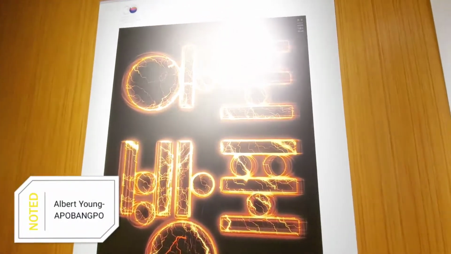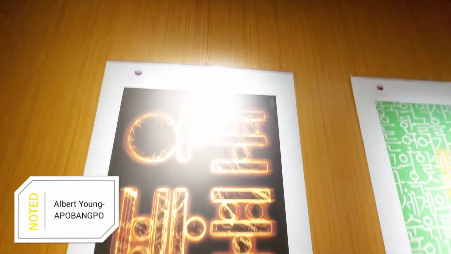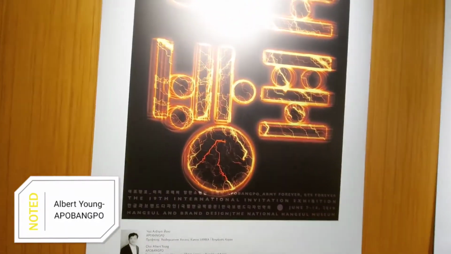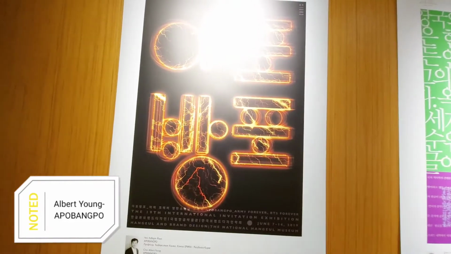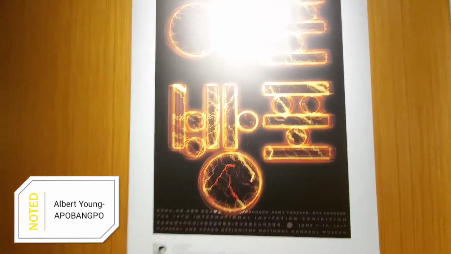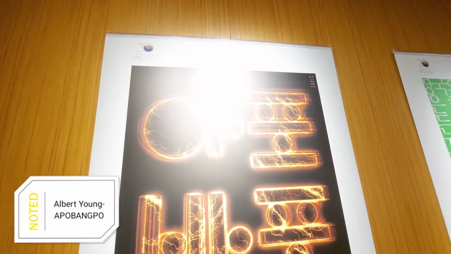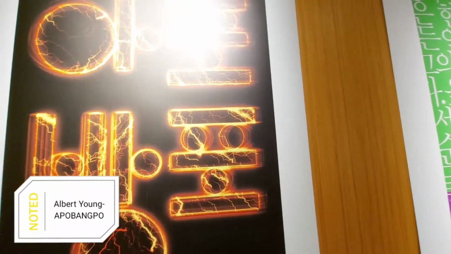And this one, Apu Pangpo, I don't know. This is by Albert Young. There are many lightnings.